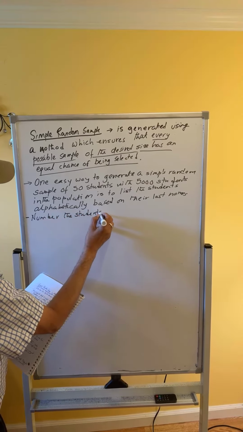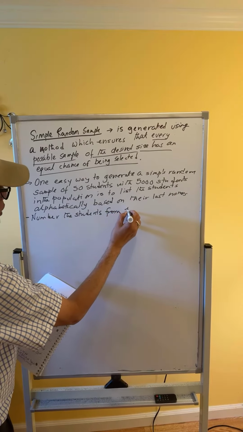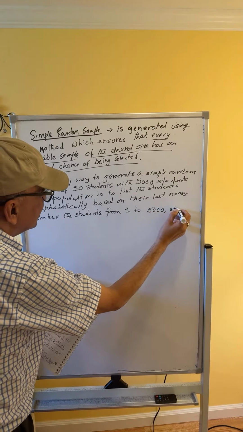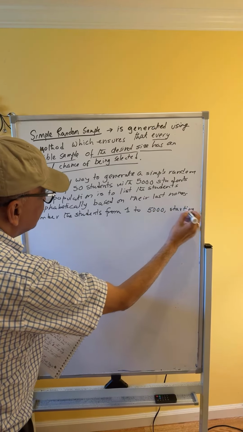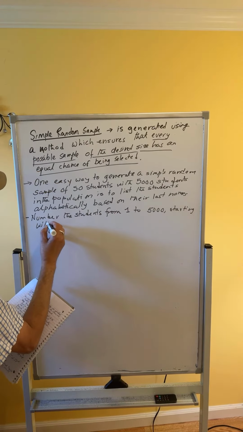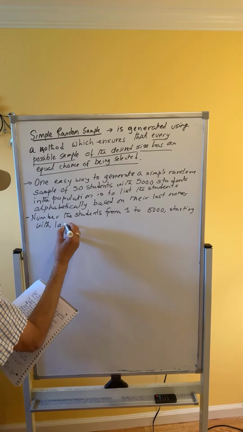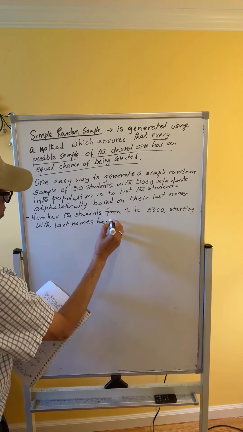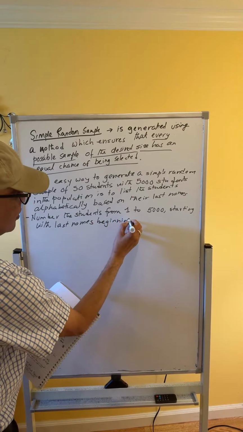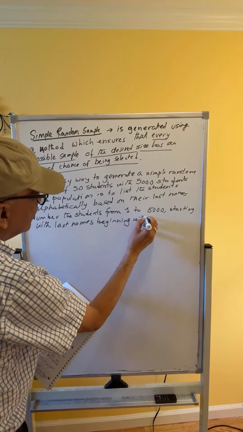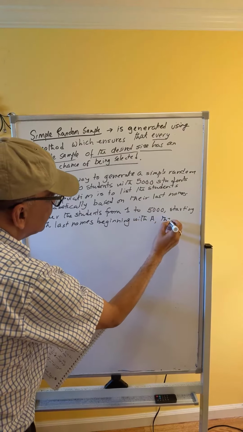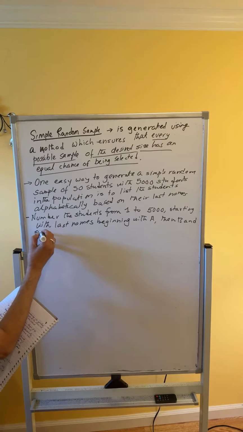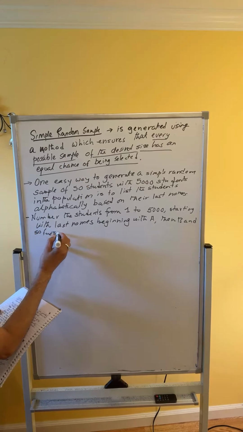Number the students from 1 to 5,000, starting with students with last names beginning with A, then B, and so forth.